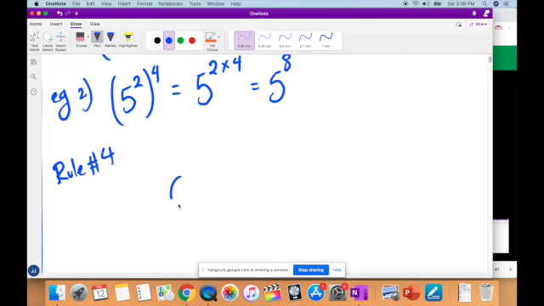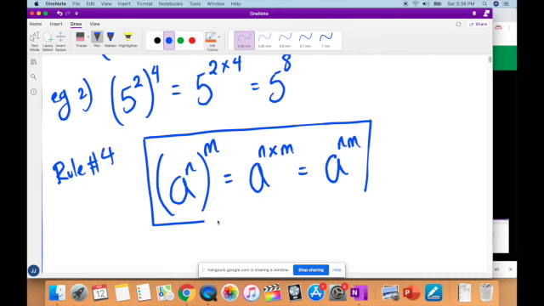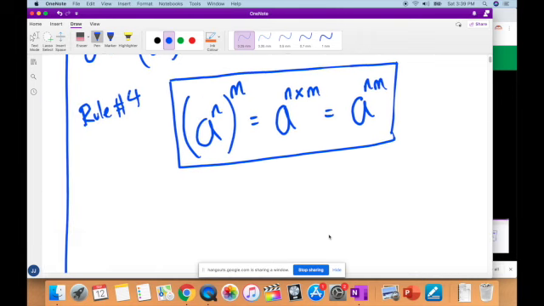Any number a to a power m, in brackets, to a different power n, is equal to a to the power of m multiplied by n, which could also be written as a to the power of mn. You okay, Scotia? You okay, Caitlin? Alright, if you all say you're okay, no problem.